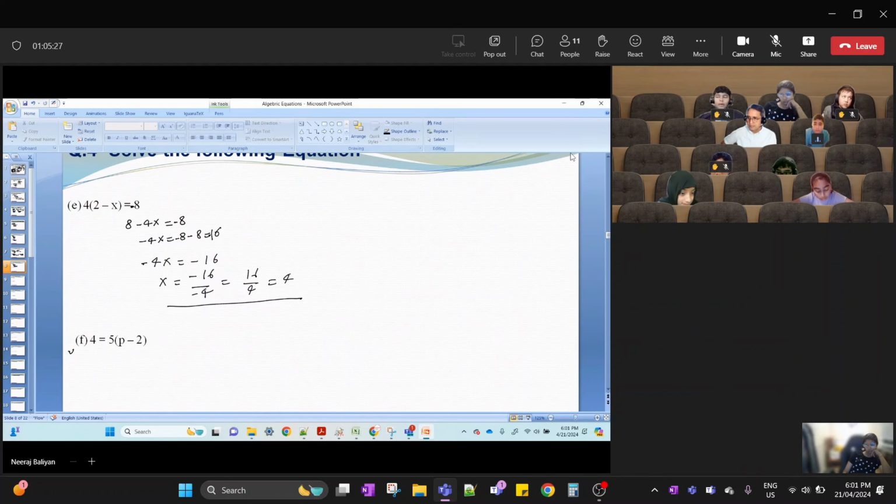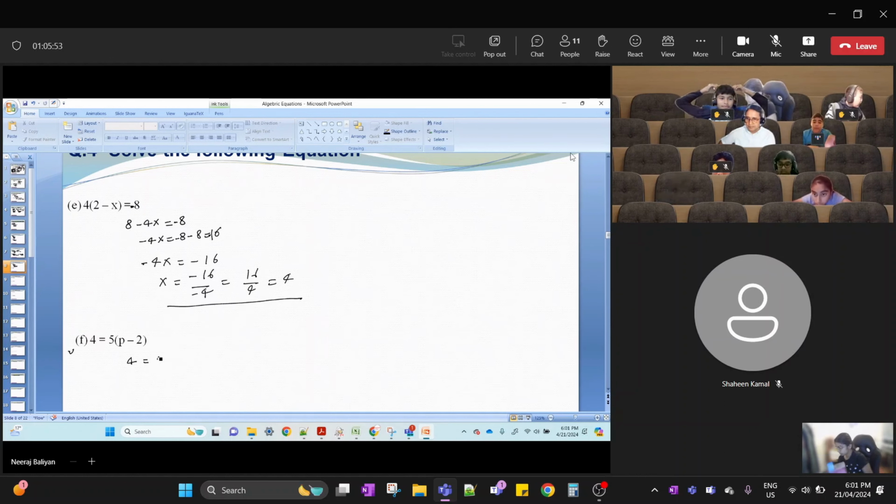So 4 equals 5(p minus 2). Right? So to open the brackets, we need to do 5 times p, which is 5p, and 5. Your voice is gone. Sorry, can't hear anything from your side. So we have to open the brackets by doing 5 times the numbers.